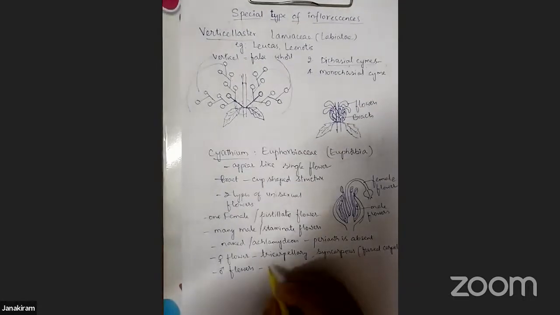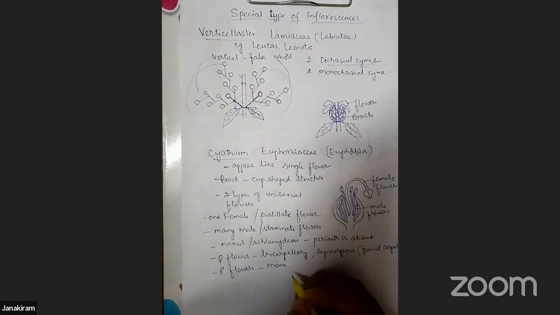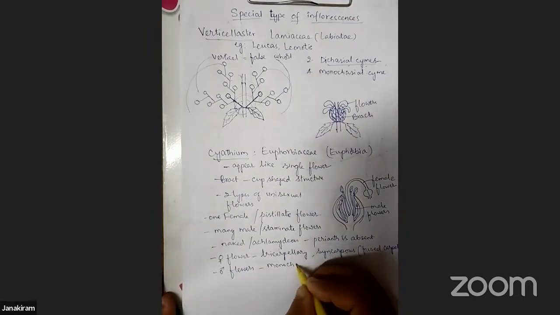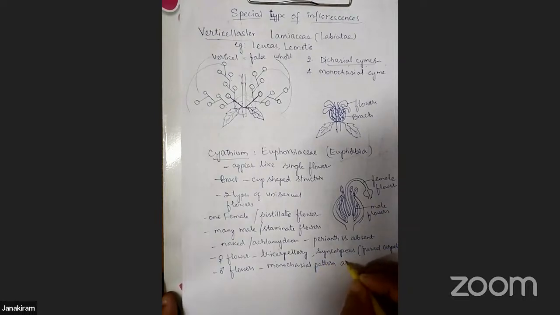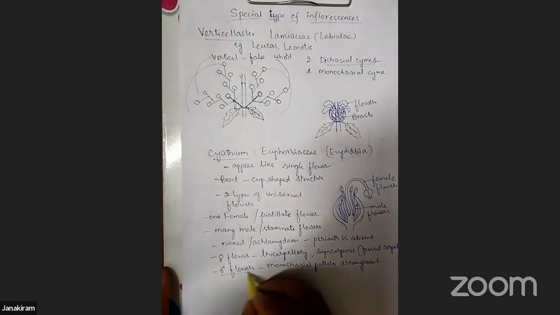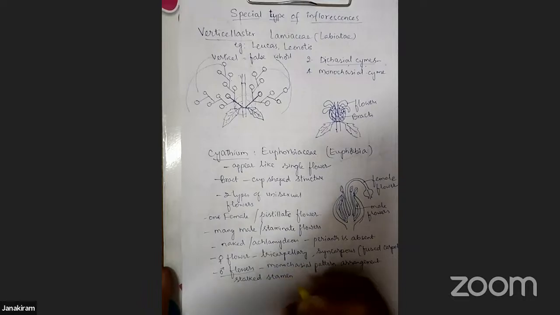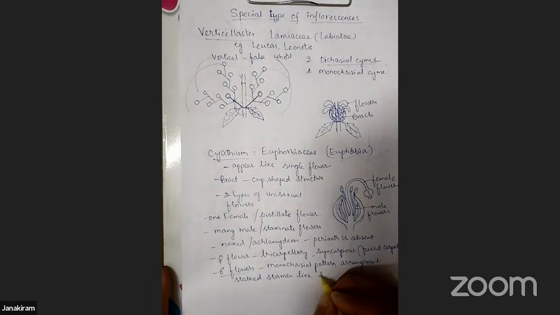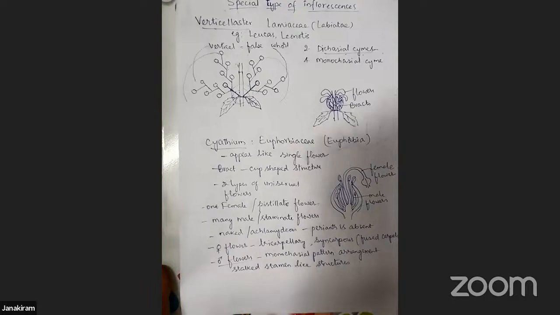Many male flowers are present, and these are arranged in a monochasial pattern. These male flowers appear like stalked stamens. And this type of arrangement is called cyathium.